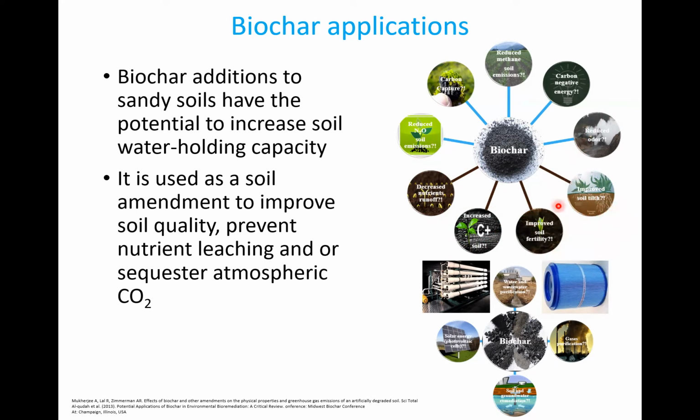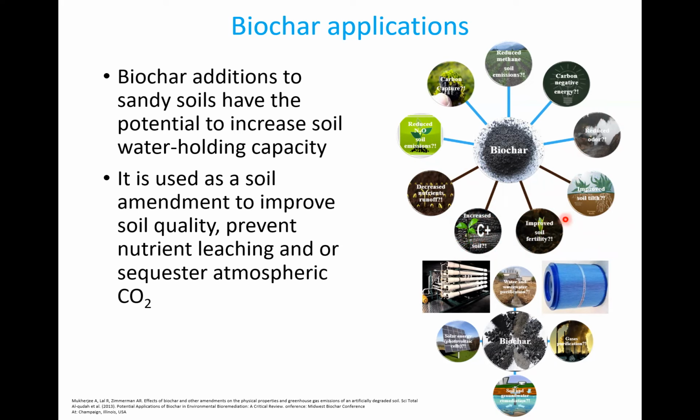And of course, this can be reflected in higher crop yield. The most important thing is that it increases the carbon content of the soil. This is carbon sequestration as an application of biochar.